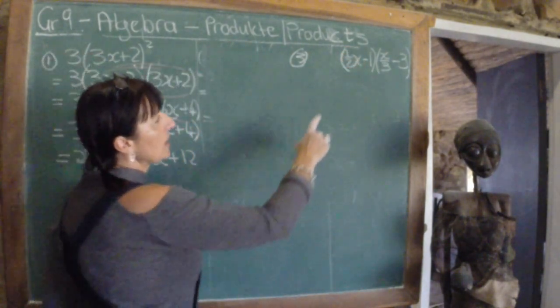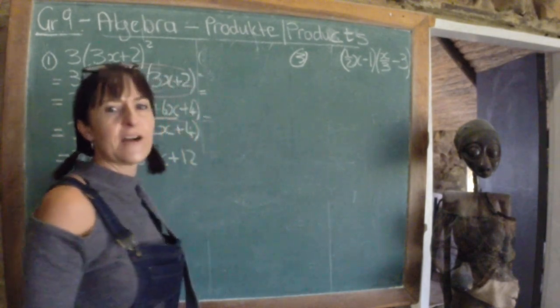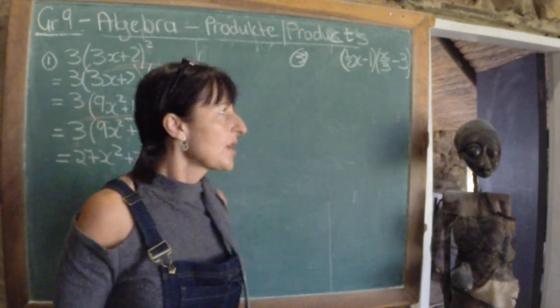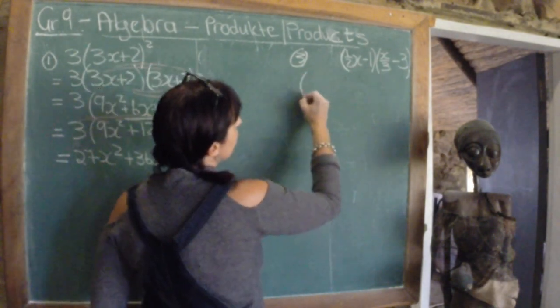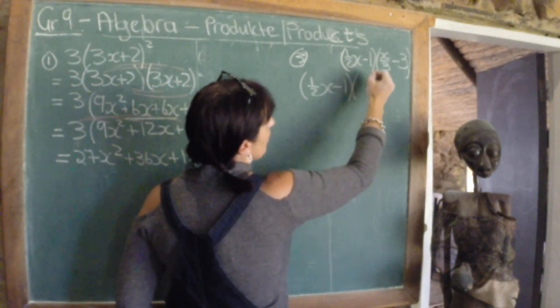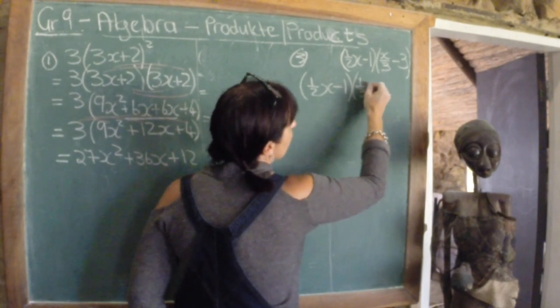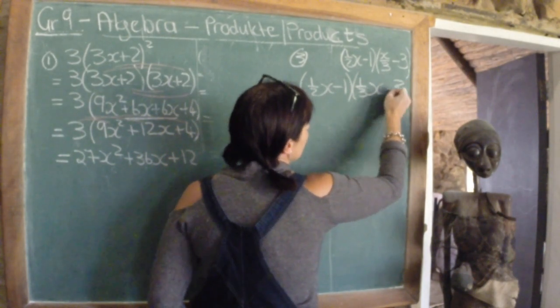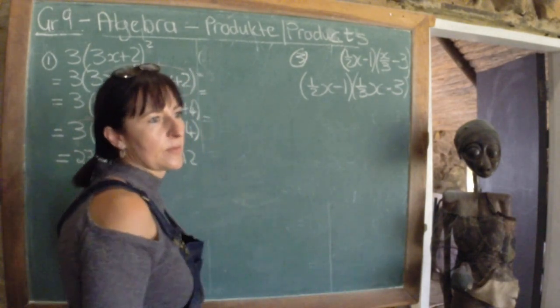And they tried to trick me over there because they write that funny as x on 3. So, kom ons skryf hom oor as 'n halwe x minus 1. En al wat ons doen is, ons gaan sê 'n derde x minus 3. That and that is exactly the same thing.